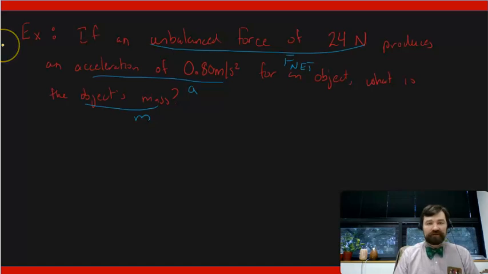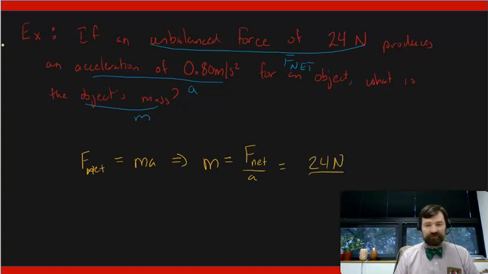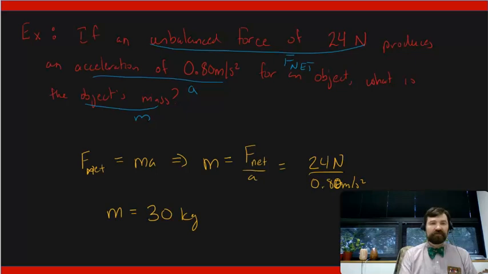So again, we can say F net is equal to m times a. Therefore, m is F net over a. And so that is 24 newtons divided by 0.80 meters per second squared. It follows that the mass of the object must be 30 kilograms.